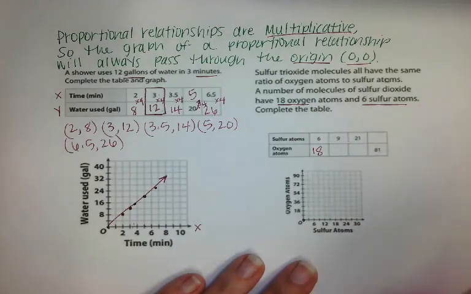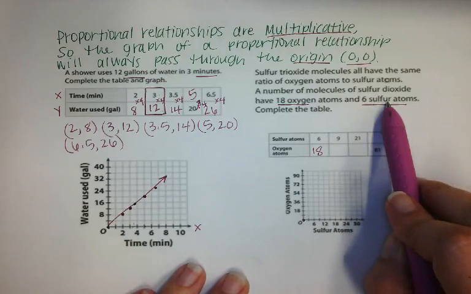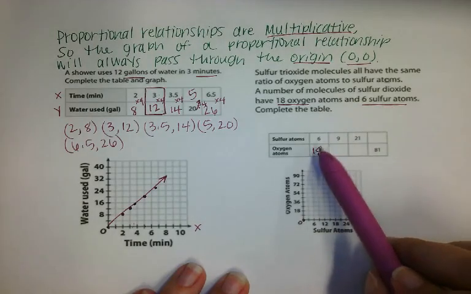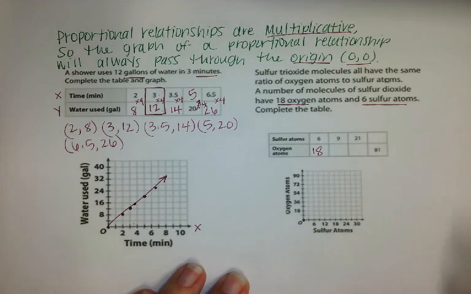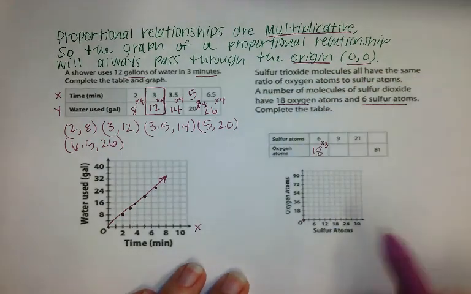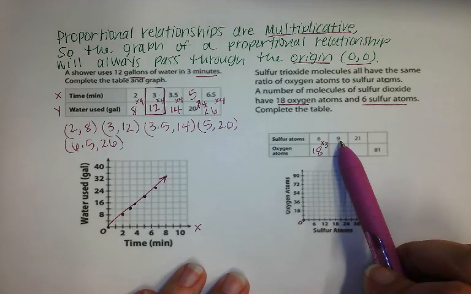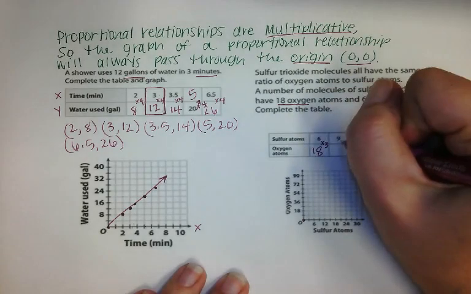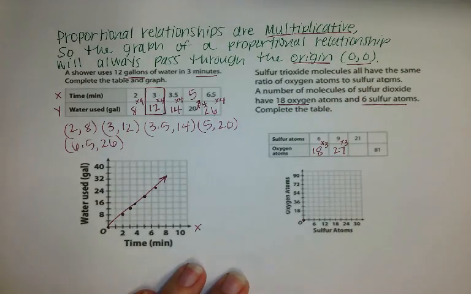So I can make my first set of coordinates using this information here. And then I want to find what the relationship is between 6 and 18. I know it has to be based on multiplication, so it's going to be multiplying by 3. So then when there are 9 sulfur atoms, there are 27 oxygen.